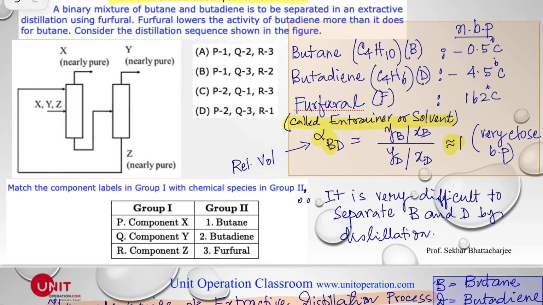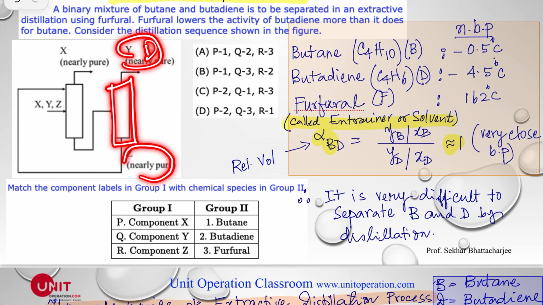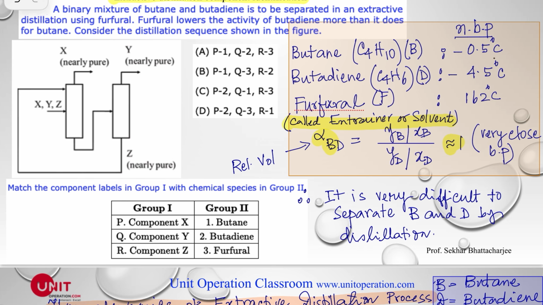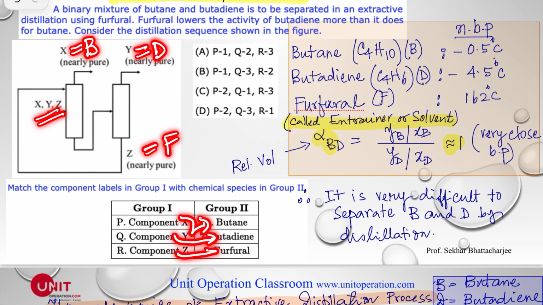So this is a standard, very simple distillation column, where butadiene will come from here and furfural will come from here. So in this XYZ mixture, X would be equal to butane, Y would be equal to butadiene, and Z would be equal to furfural.